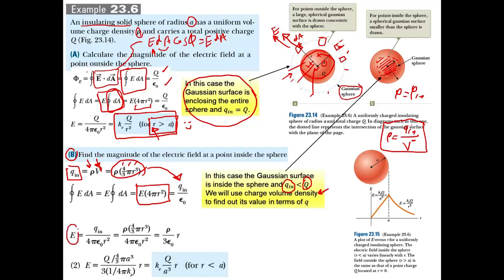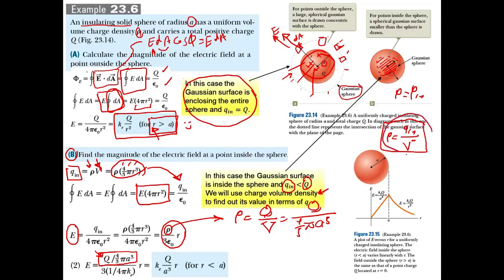But we haven't finished yet, because rho is not given. But rho, can I write it as big Q? Because rho is a density, it is equal to the total Q divided by the total volume of the big sphere, which is 4 divided by 3 pi a cubed. So rho is equal to the big Q divided by the big volume, which equals Q divided by 4 divided by 3 pi a cubed.